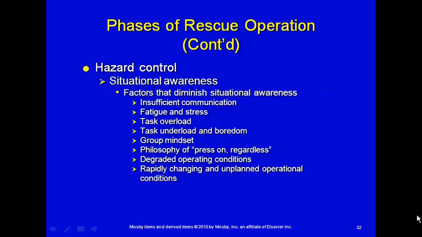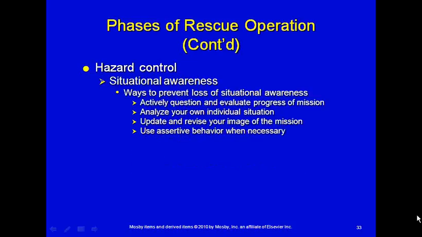Situational awareness, factors that diminish situational awareness include insufficient communication. Nothing will destroy a hazardous response faster than insufficient communication. Fatigue and stress, task overload, task underload or boredom, the group mindset, the philosophy of press on regardless, degrading operating conditions, changes in weather, rapidly changing and unplanned operational conditions as well, referring to changes in weather.